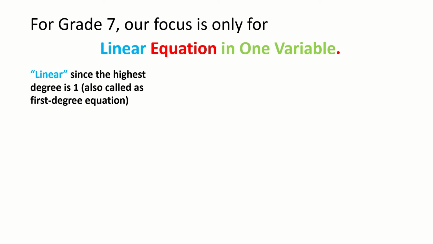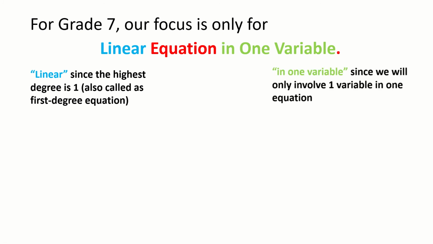But when we hear the word linear, from our previous lesson, linear refers to the degree, and the highest degree must be 1. That means the exponents of our variables, the highest would only be 1. It is also called a first degree equation, aside from saying it's a linear equation.